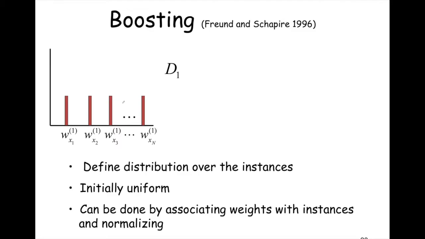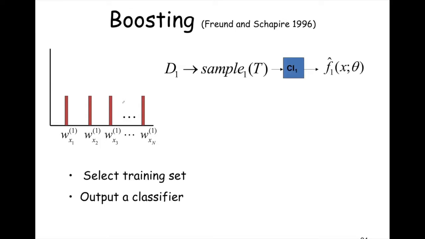Now you take that distribution and use it to sample uniformly at random with replacement from your data set. Of course, it's uniform because it starts out uniform, but these distribution weights will be changed over time. So you produce a sample from that first round to produce a replicate of sorts, input it to a classifier inducer, and you produce your first classifier, final best hypothesis F1 hat.